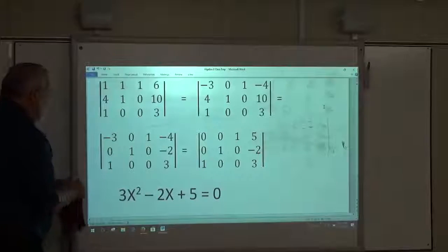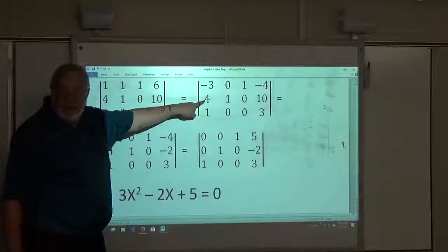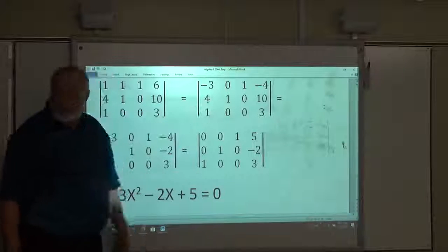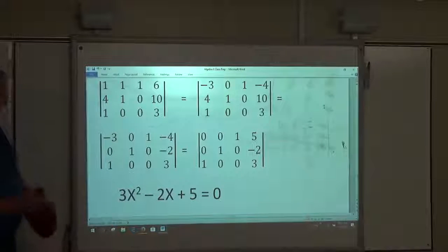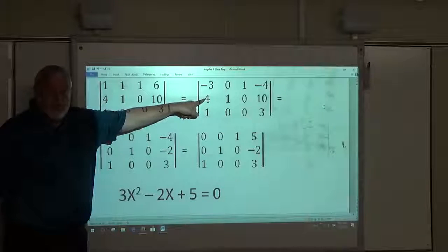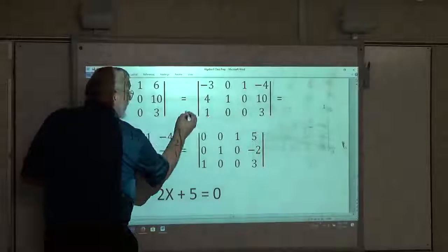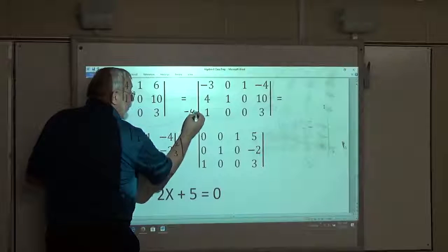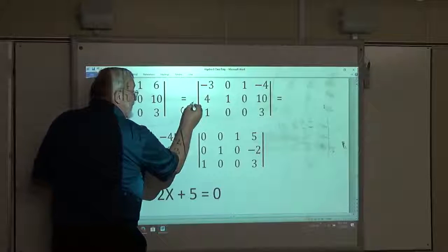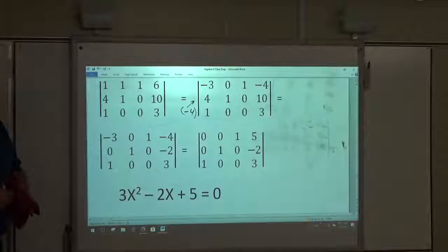Okay? Now, I need a 0 here so I can find out what b is. So how do I get a 0 where the 4 is? I have to take this row, multiply it by -4, and then add it to the row above it. Will that give me a 0? Yeah.